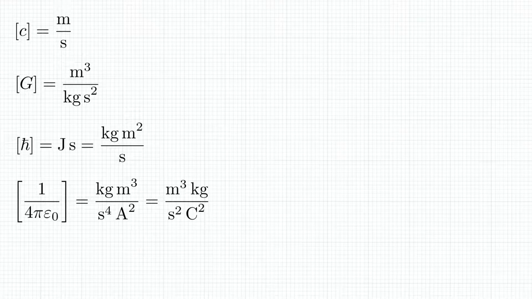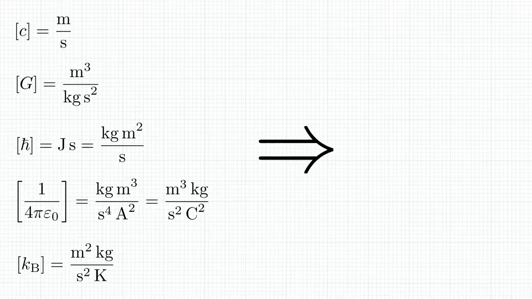For the Coulomb constant, we find kilogram meters cubed over second to the 4 ampere squared, or meters cubed kilogram over second squared Coulomb squared. Technically, ampere would be the SI base unit, but for Planck units, the dimension of charge is used, and we assume Coulomb as the base unit for now. Finally, for the Boltzmann constant, we find meter squared kilogram over second squared Kelvin.